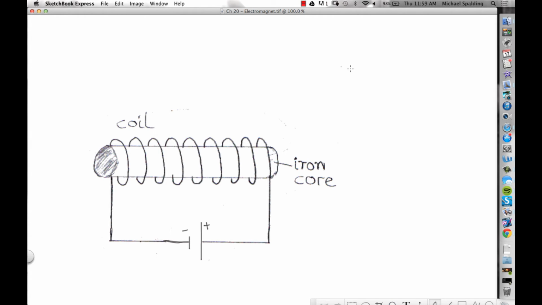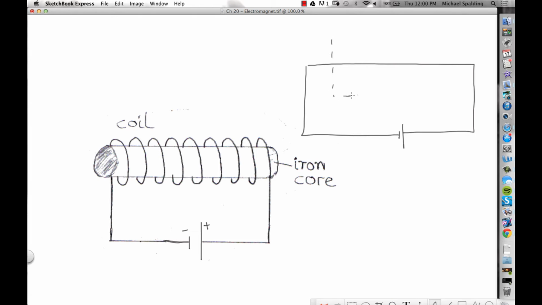Now, what do we know about a long straight wire? Let's just look at a straight wire here, and we'll hook this up to a battery. Let's look at this region here. How does a magnetic field travel? The current would be going up like this. In this region that I marked off, what's the magnetic field doing?